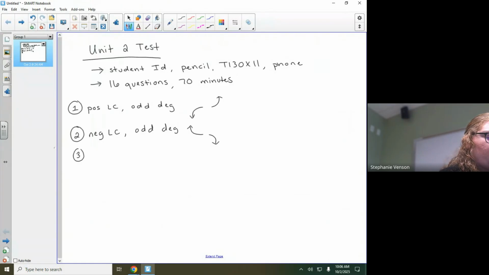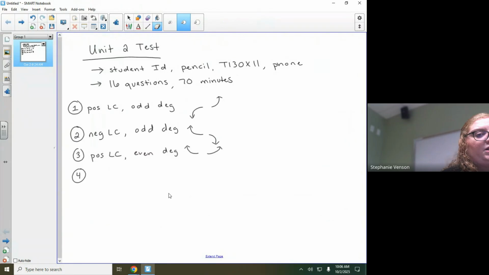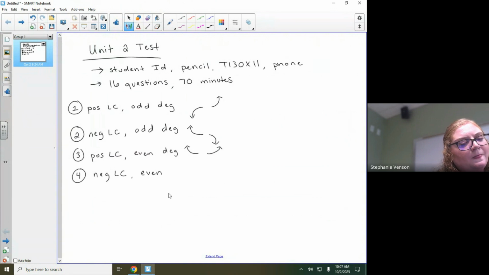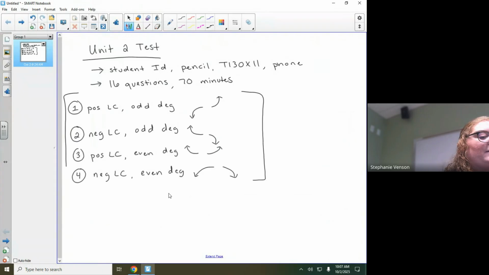Third one would be positive leading coefficient with an even degree is up and up. And then a negative leading coefficient with an even degree would be down and down. So memorization wise, you will have to know these 4 cases for your test.